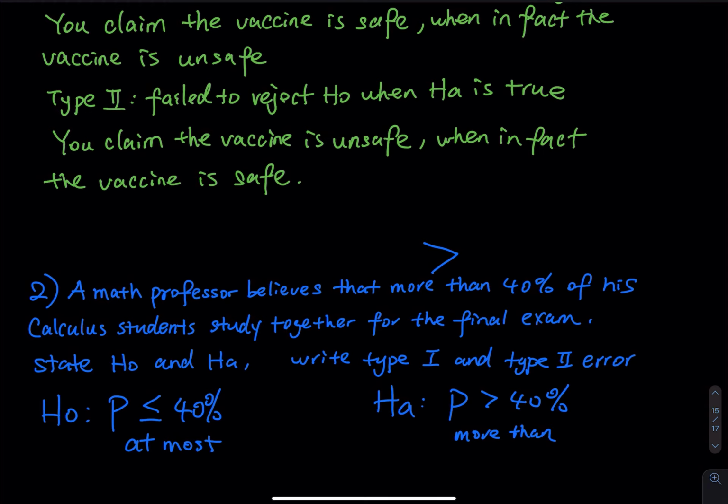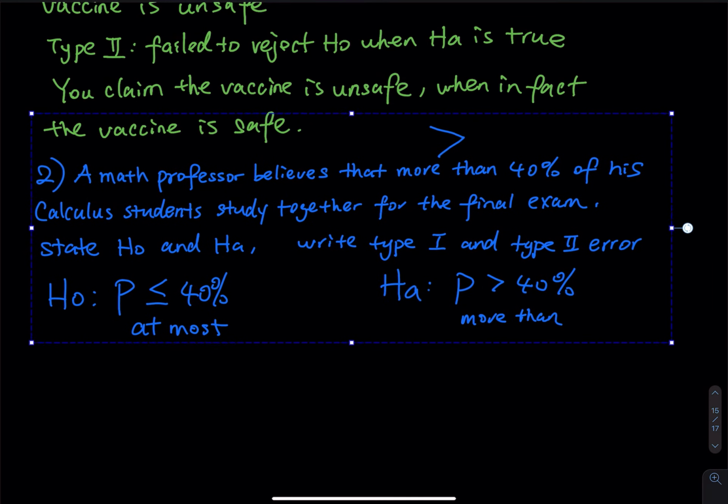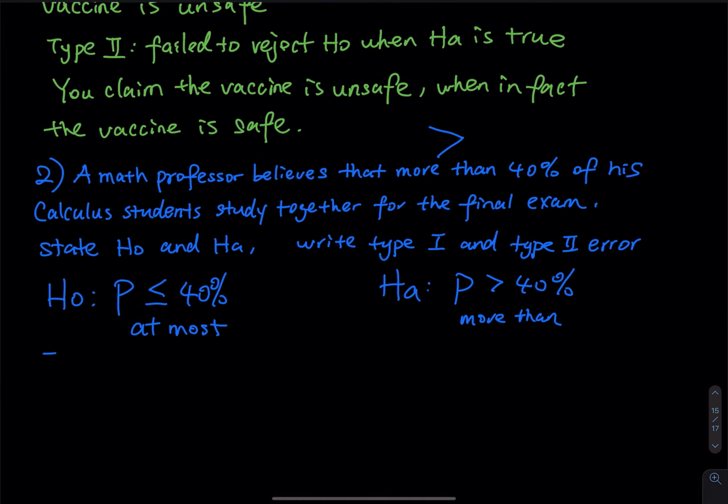And then the other one is more than. So what is type 1 error? For type 1 error, repeat this to yourself. Let me just move this up. So for type 1 error, let's repeat the definition. Type 1 error is you reject H0 when H0 is true in reality.